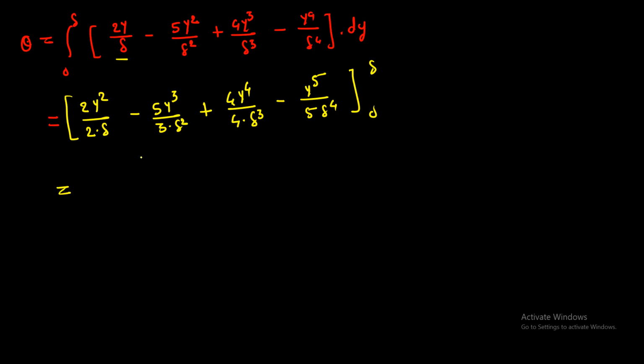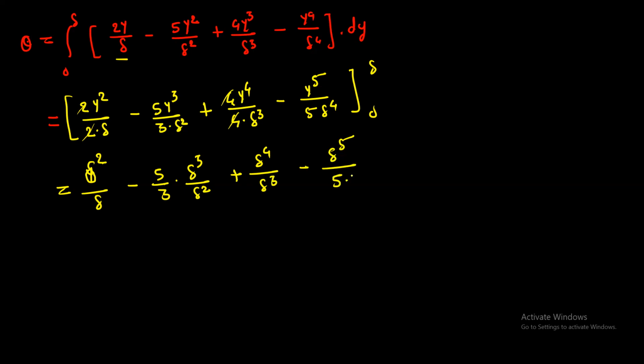Now put the first limit, delta. So this 2 we can cancel out. So delta square upon delta, minus 5 by 3 delta cube upon delta square, plus 4 will get cancelled, delta raised to 4 upon delta cube, minus delta raised to 5 upon 5 delta raised to 4.